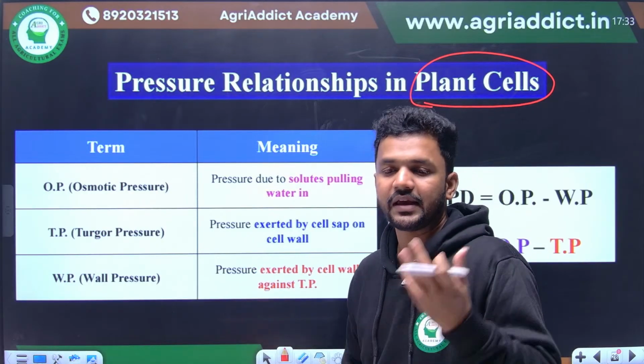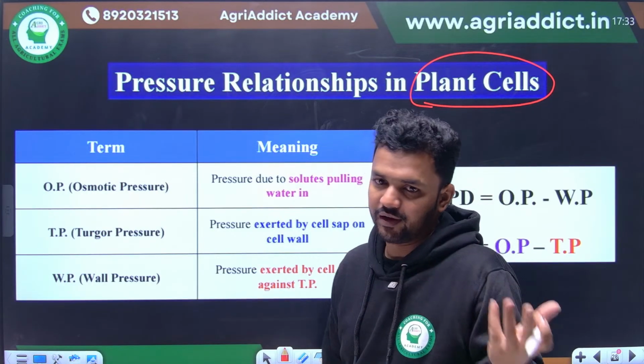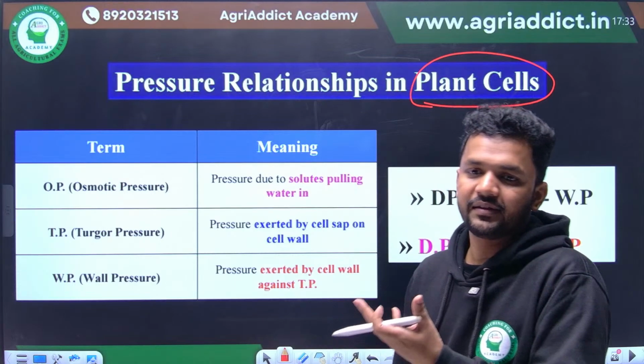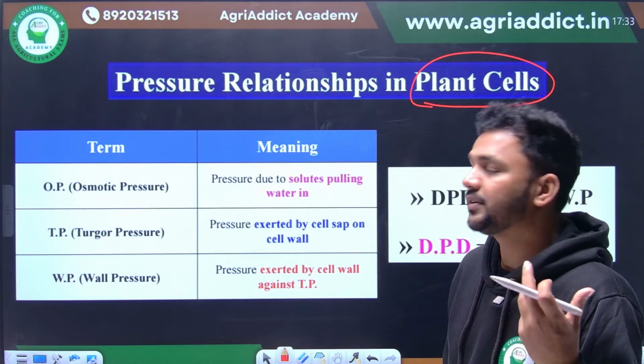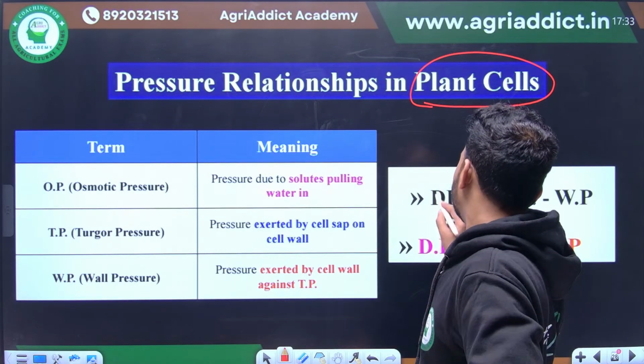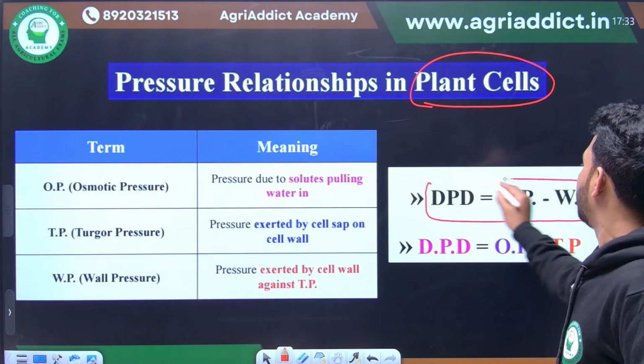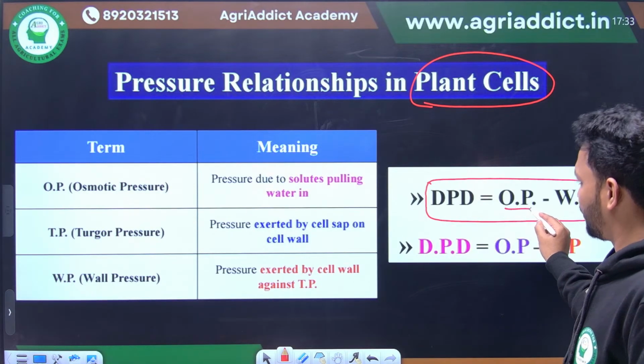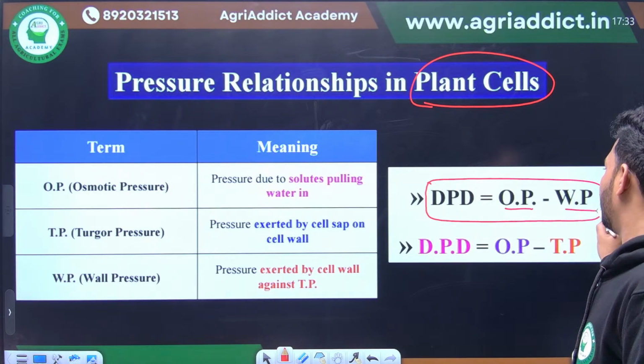Turgor pressure is the pressure exerted by the cell on the cell wall. Wall pressure is the pressure exerted by the cell wall against the turgor pressure. So DPD is equal to osmotic pressure minus wall pressure.